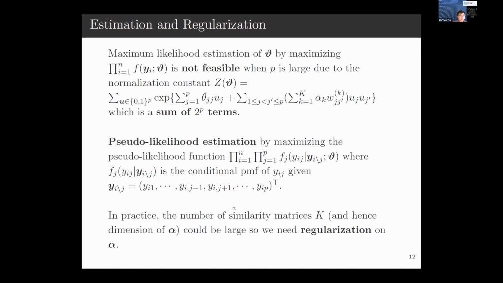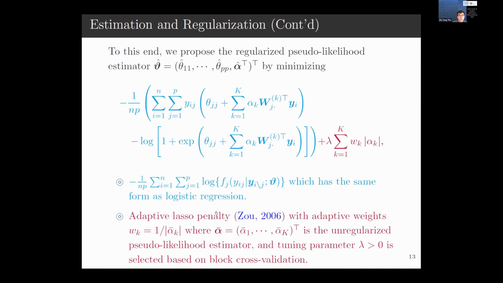On top of that, we would also like to perform some regularization on the alpha vector, because in real practice, you might have a huge number of similarity metrics, and hence a large dimension of alpha. To do that, we propose the so-called regularized pseudo likelihood estimator, denoted by theta hat, which is obtained by minimizing the following objective function.